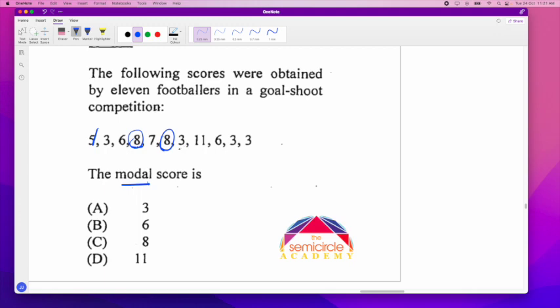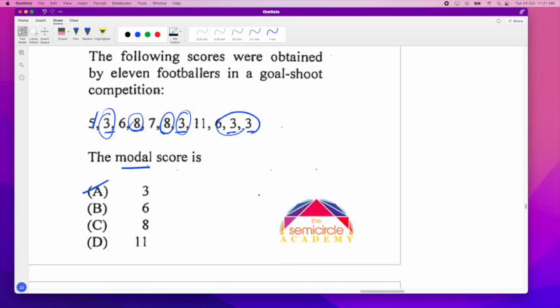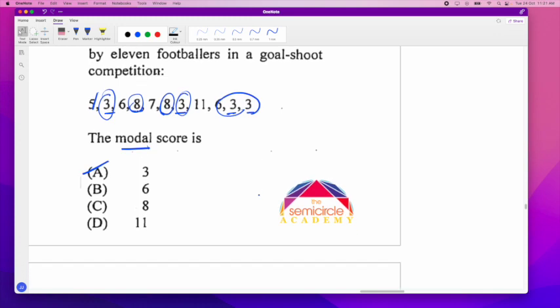We have also 2 3s as well. No, 1, 2, 3, 4 3s. So four 3s will definitely make 3 the mode for sure. Because that is the most amount of times that we get. The most frequent number there is 3.